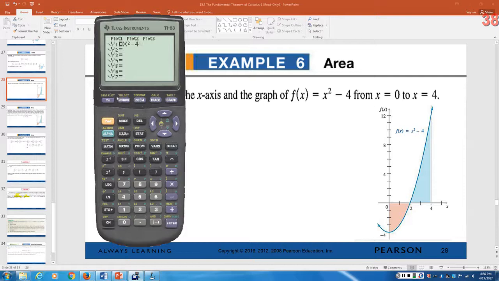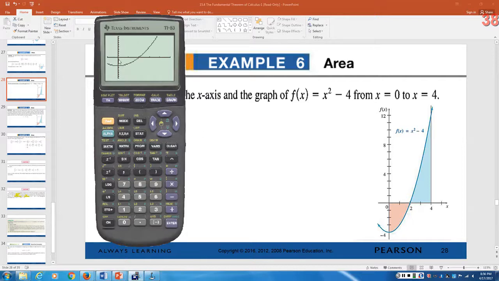And I would want to set my window, since my interval is from 0 to 4, I'd want to make sure that I could see all of that. So then I would go maybe at least -1 to 5. And I would just hit graph initially to see.